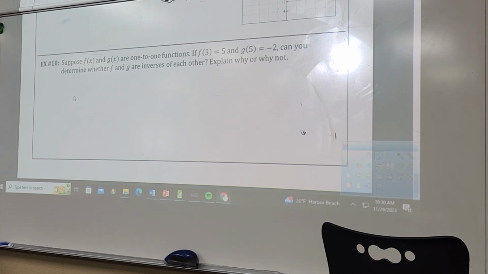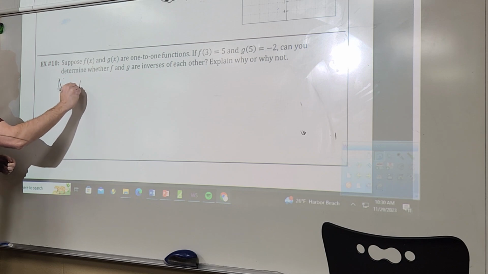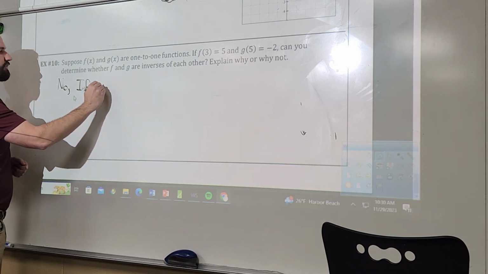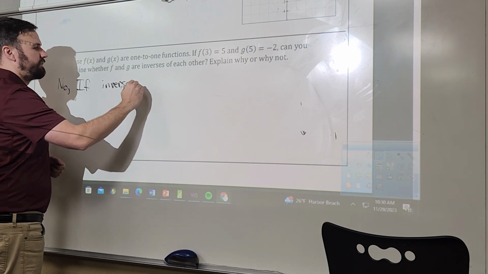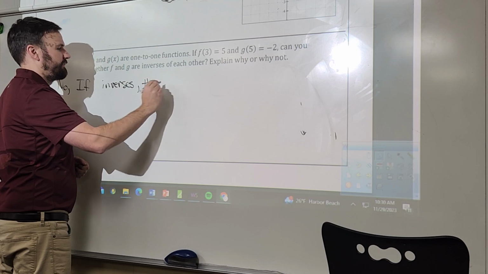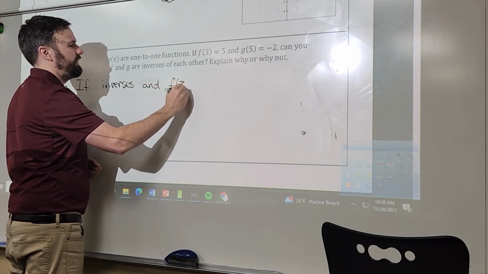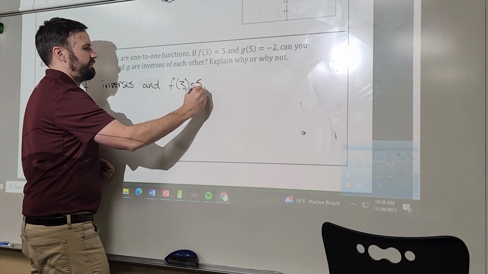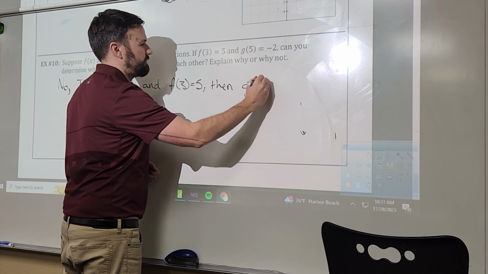Because x on the key is not 3, I would say no. If inverses, and f of 3 equals 5, then what's g of 5 have to equal?